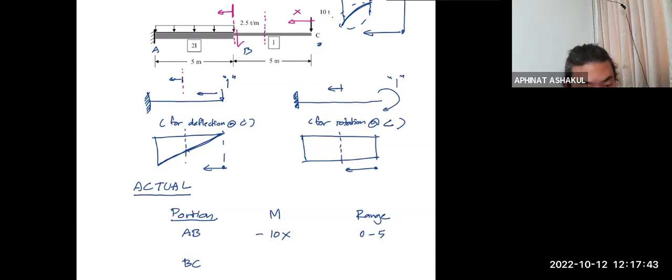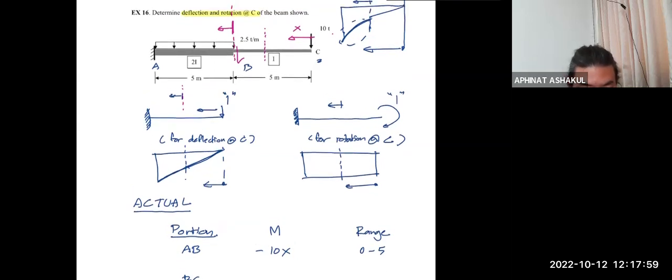And be mindful, every time you have the equation and the range, you can always substitute the number into your equation to see if it's correct or not. Because when you substitute x equal to 5, that should give you the moment at that location of the beam, right?